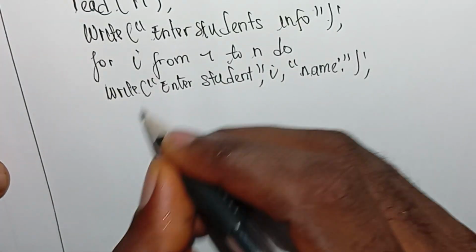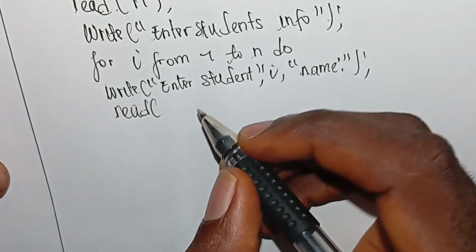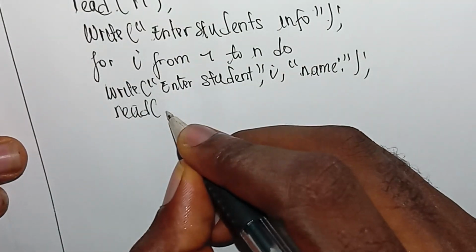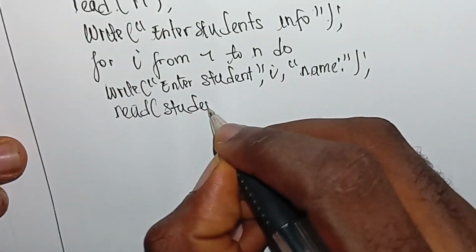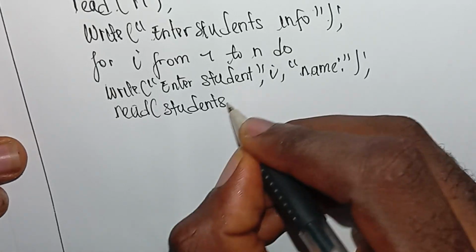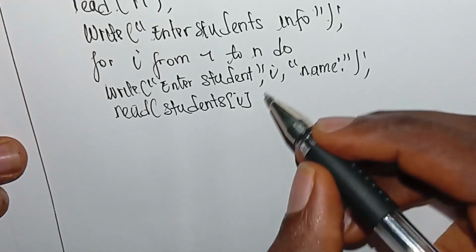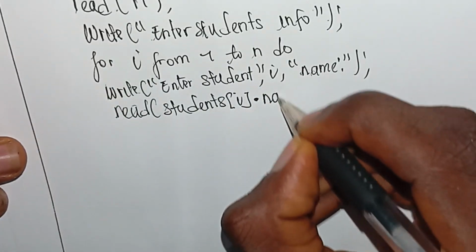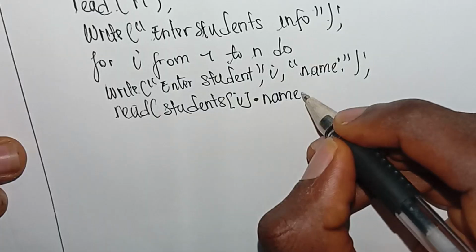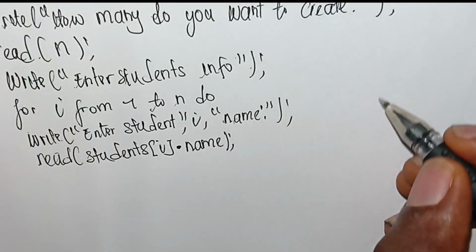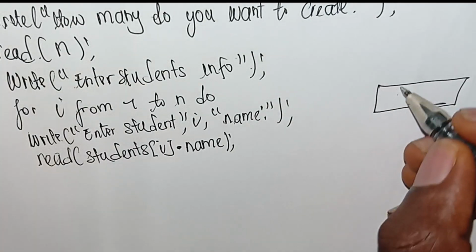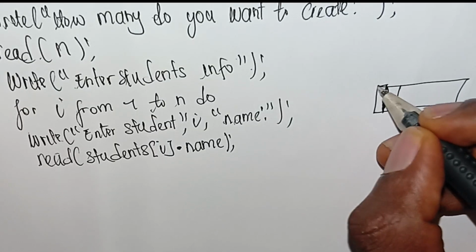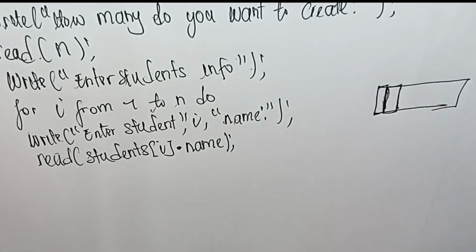Now we want to store it. Read. We are storing it in the array which is divided into record. So it's going to be students with an S at the index of what? I. That is students at the first memory location. Dot name. So that is where this data is being stored. We remember saying that one memory location in the array is divided into 2. One can house the name and the other can house the matricule.